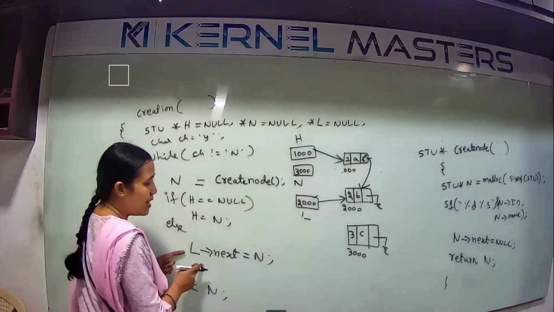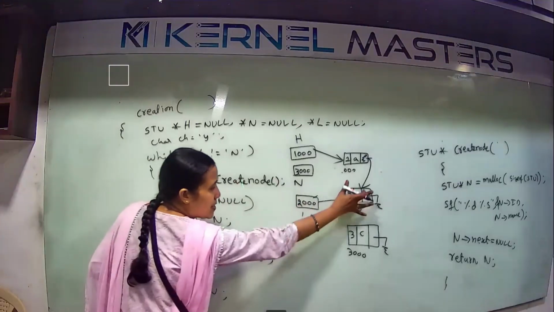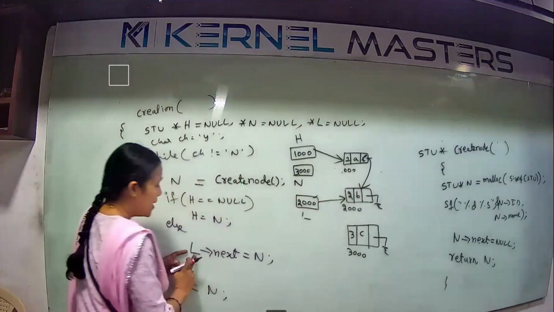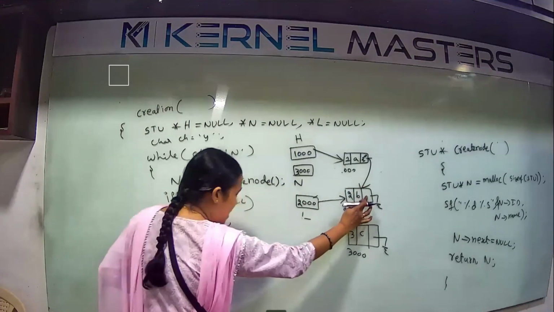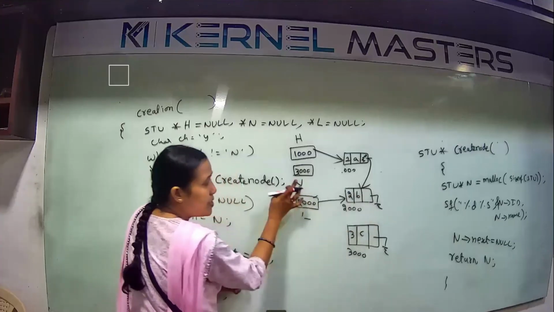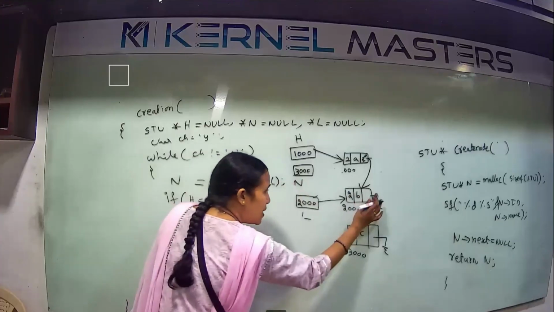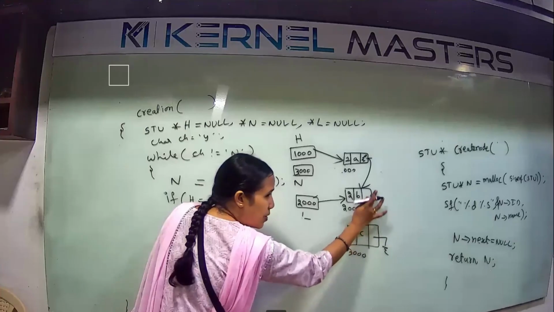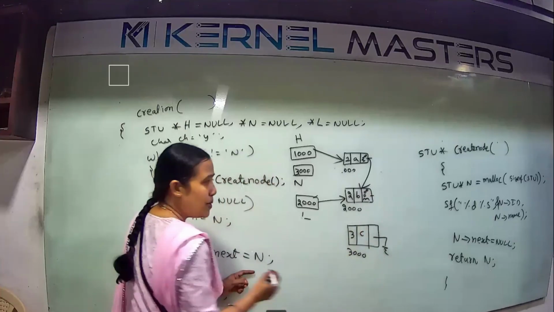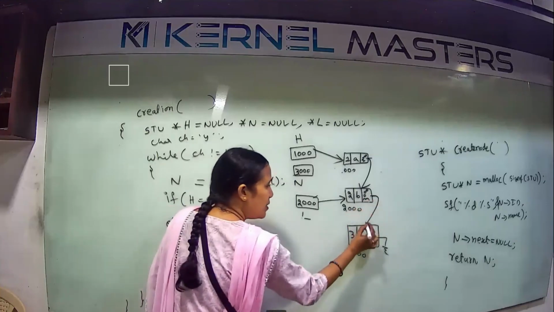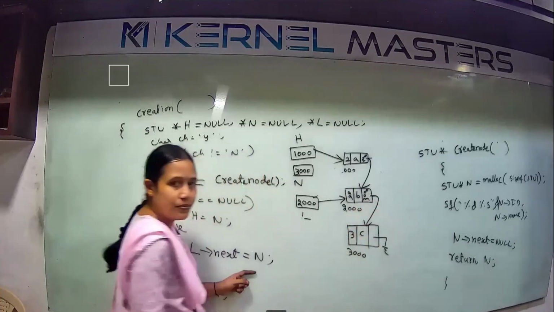So what is L? 2000. This is the last node, right? L next is this number. Fill this number with N value. N value is 3000. So write 3000 here. This is no longer null. This is 3000. Means this node is connected to this 3000 address node.